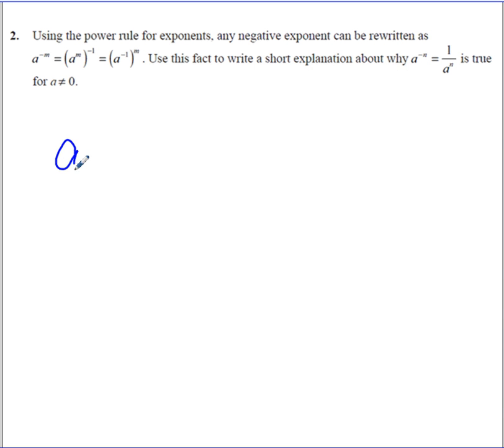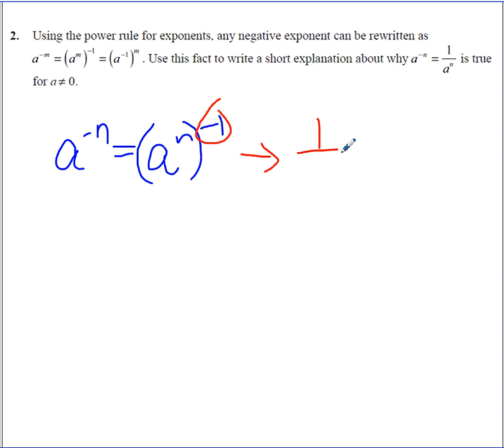So a to the -n is the same as a to the n power, and that taken to the -1 power. And so we know that the -1 means flip it. So we'll put 1 over, and then our a to the n power, what's inside the parentheses, moves down.